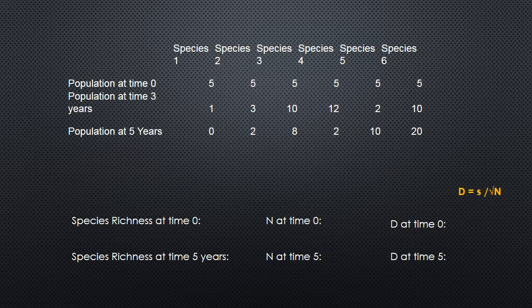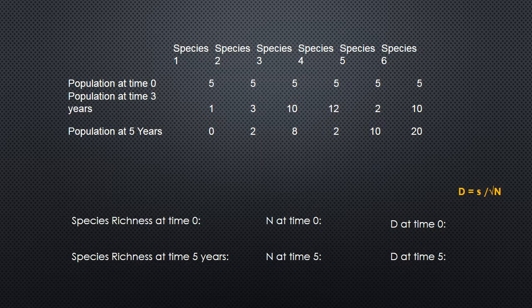Okay, so let's suppose that we are monitoring 6 species in a particular location. And at the very beginning, which I'm just denoting here as time 0, there are 5 individuals for each of the 6 species. So our species richness, we said, was how many different species were around at the time, right?